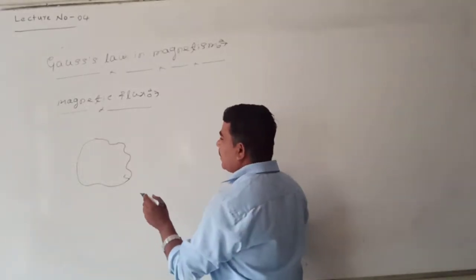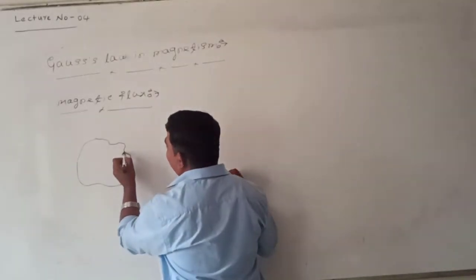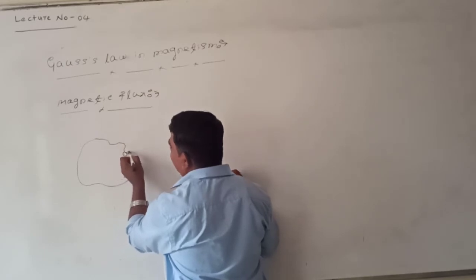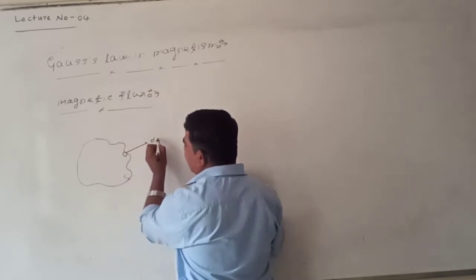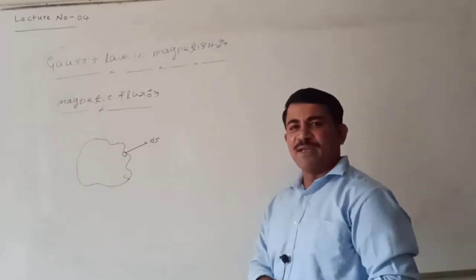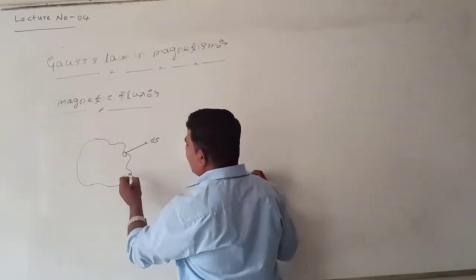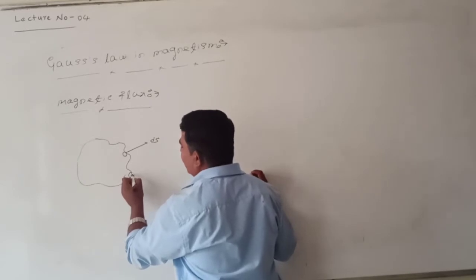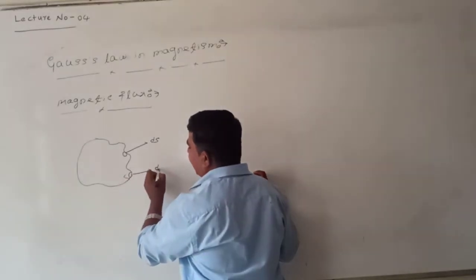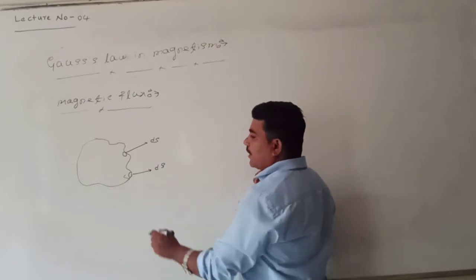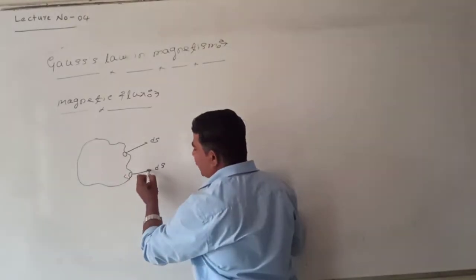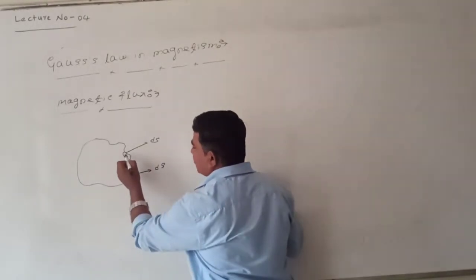So if I take a very small area and draw a perpendicular line, this becomes the area vector. Are you following? Or you can take any point, here also. What is the meaning of this? The line with an arrow mark represents the area of the surface.